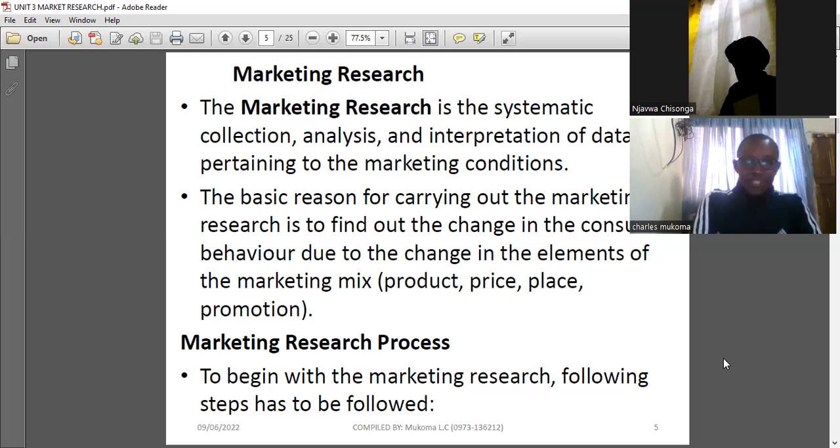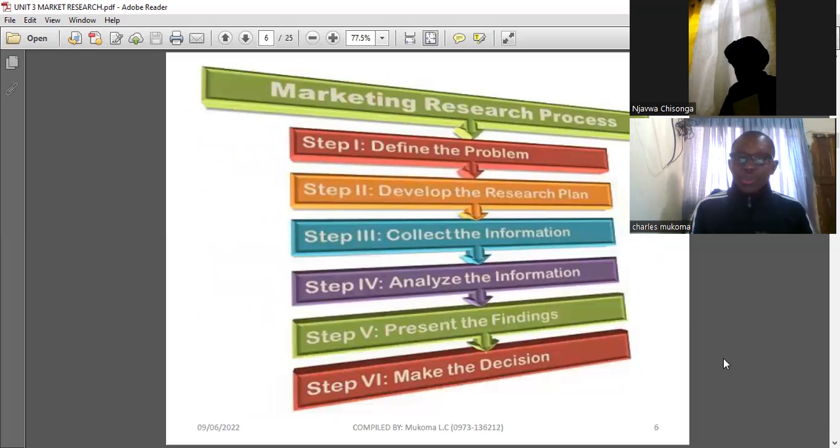So, marketing research process. To begin with the marketing research, the following steps are to be followed. So the first thing, you define the problem. Now, as I earlier mentioned, a research is a research. This concept that you are getting from a marketing research, you use it also in your project.